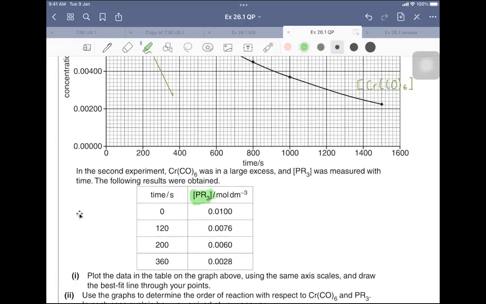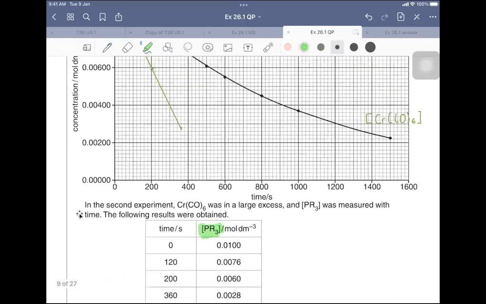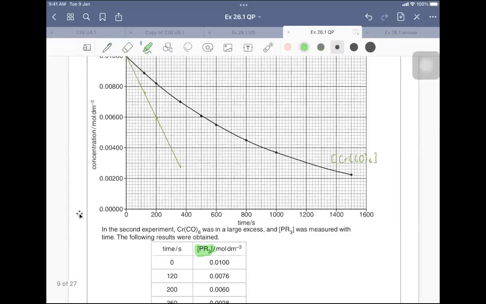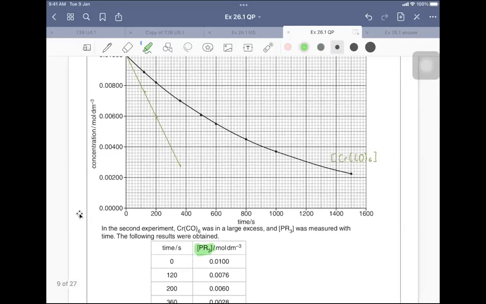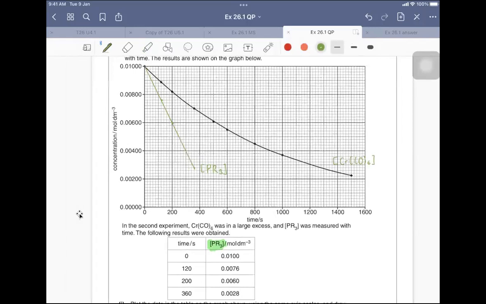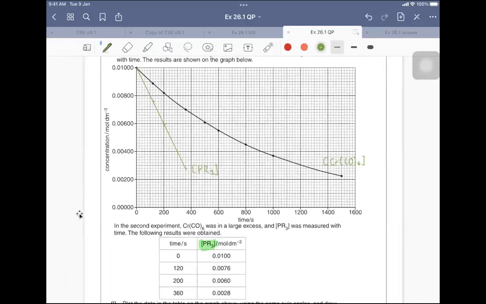Okay, in this case, you notice already my graph is the green graph for concentration of PR3. You might want to plot your own points and draw a straight line passing through all the points. Okay, so you might want to pause the video here.